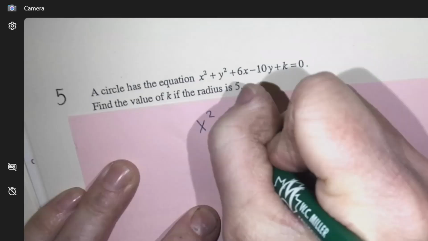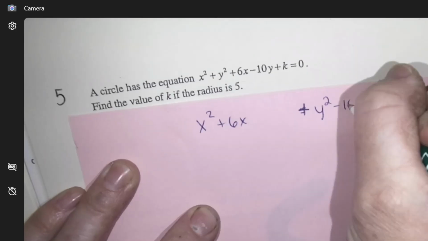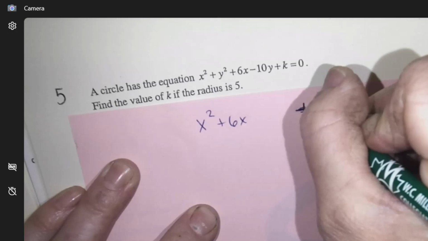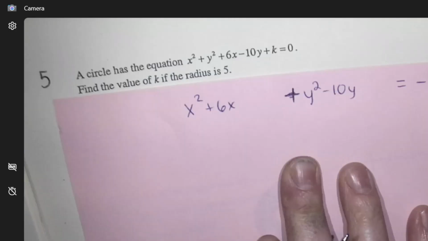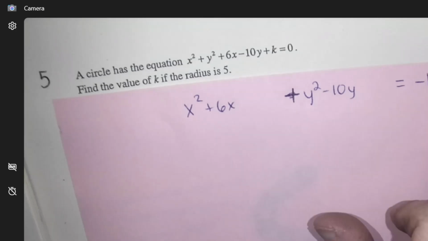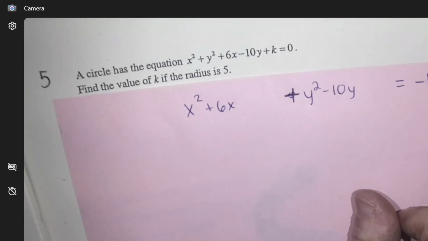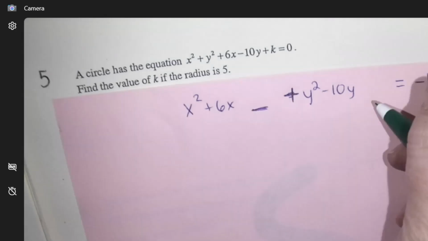Okay, I'm just going to show you how to do this one. This is very similar to just completing the square. So what I did, collected my x's, collected my y's, and moved the number. And now I can do some plus blanks, right?